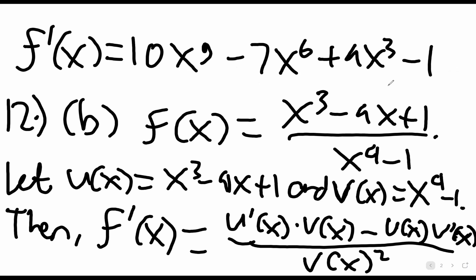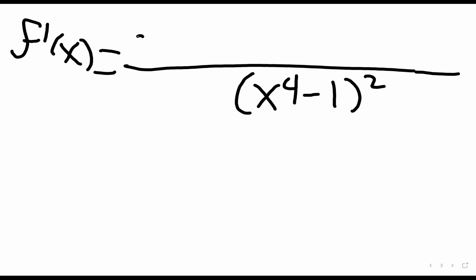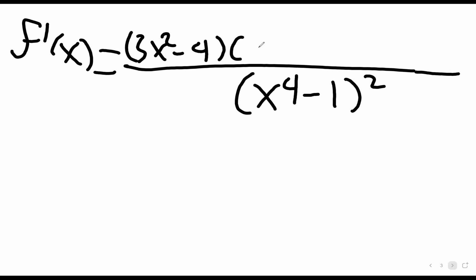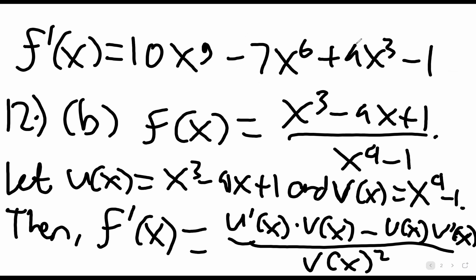For the numerator, u is x to the power 3 minus 4x plus 1, so u prime will be 3x squared minus 4. Then we multiply it by v of x, x to the power 4 minus 1, minus u of x multiplied by v prime of x.